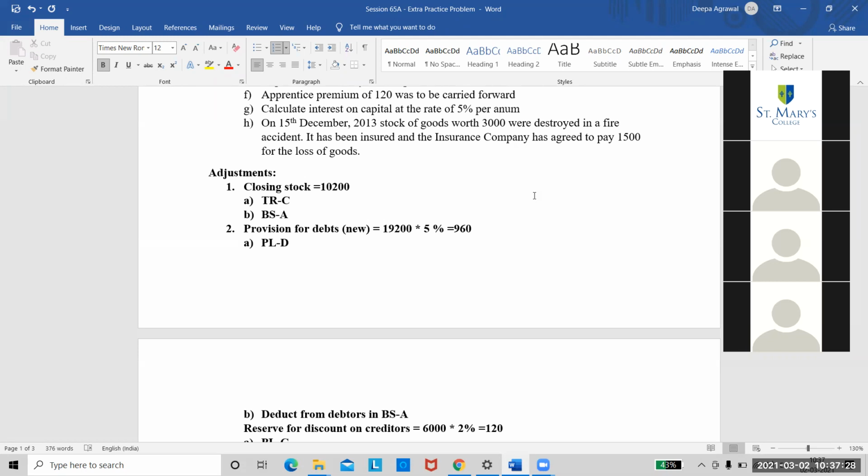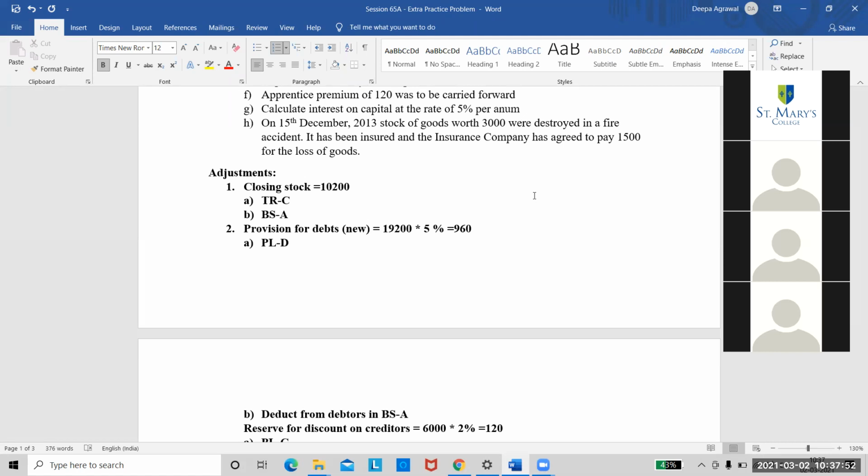Third thing, whatever is the insurance claim, when does the insurance company pay us the amount? Does it pay the amount immediately after the accident? No. It takes some time. Usually it is a long procedure. They do the inspection and it takes a long time for the claim to be received.